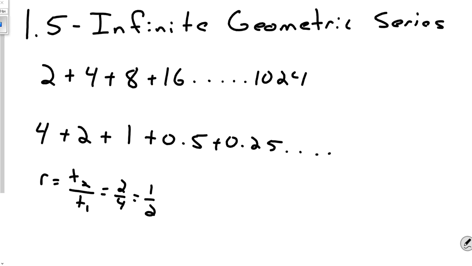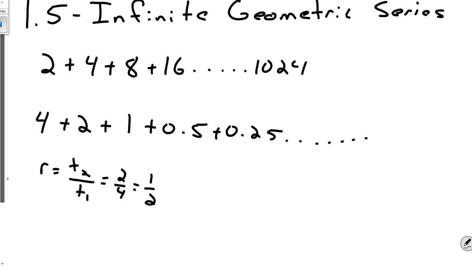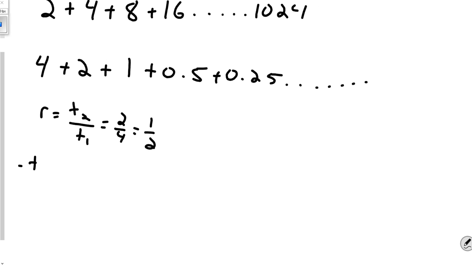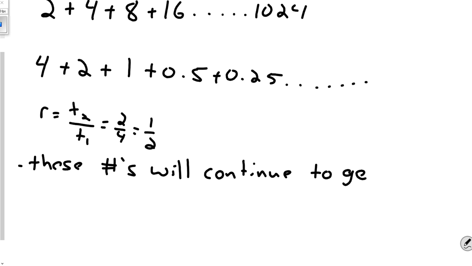So what's happening here, oh, this just keeps going on forever. These numbers are getting smaller and smaller and smaller, so they're going to slowly work their way down to 0. But not exactly 0. They're going to come very, very close, but never exactly 0. You're just going to keep getting very small decimal numbers. So what that means is you can add up all these terms. These numbers will continue to get smaller and smaller.